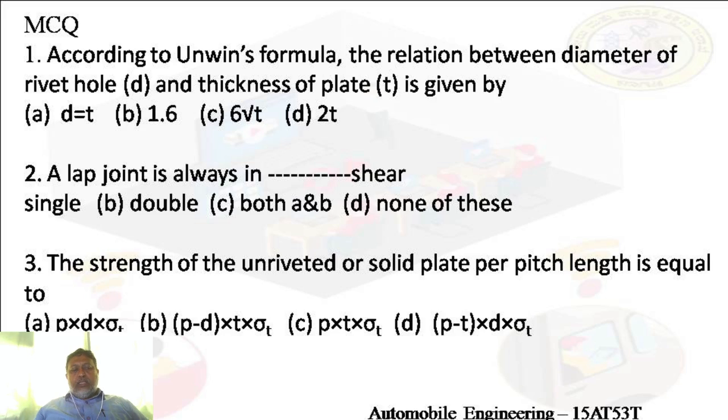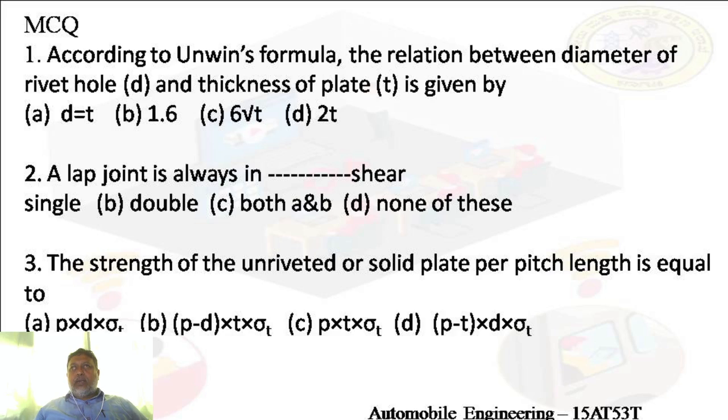Clear? The strength of the unriveted or solid plate per pitch length is equal to, it is just an efficiency equation, where we use the strength of the riveted joint to the unriveted joint value. Unriveted means basically the plate which is not riveted, only holes are provided.